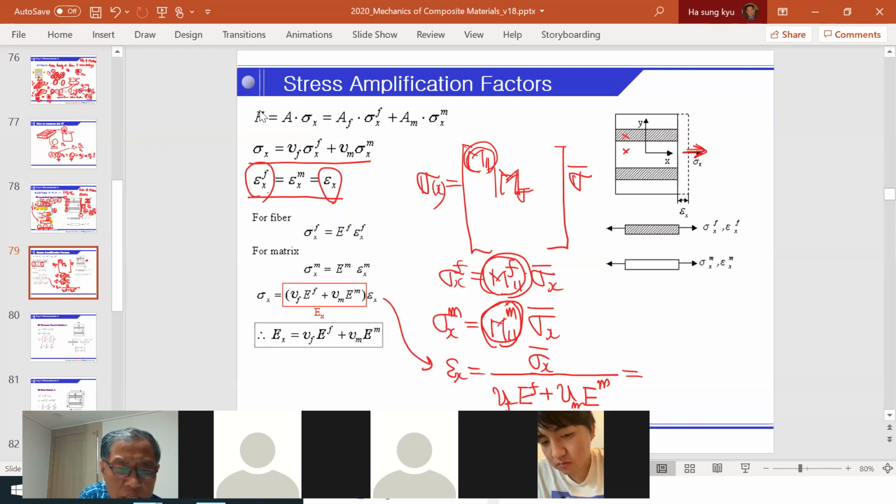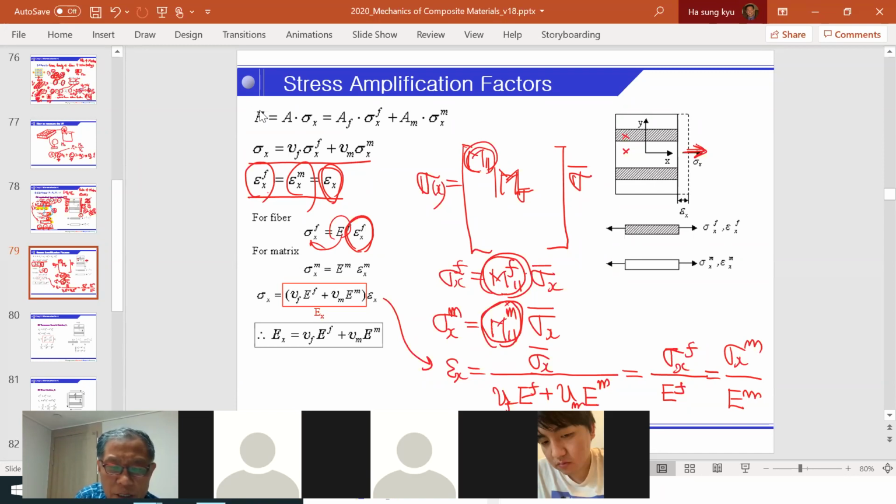The fiber directional strain is sigma x of the fiber divided by Ef, the fiber x-directional stiffness. Simply divide by this, and these terms and those terms are all the same. So this is also the same for the resin, with Em and sigma x of the matrix.